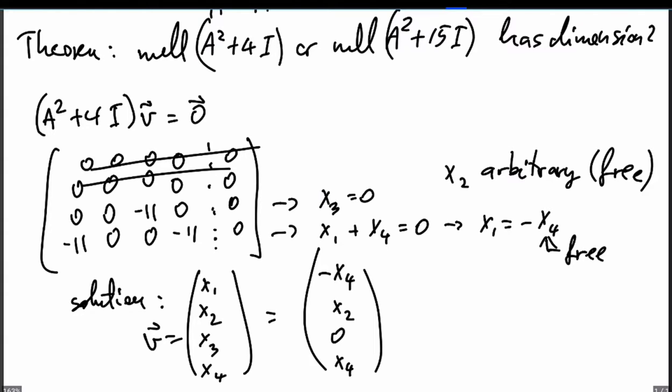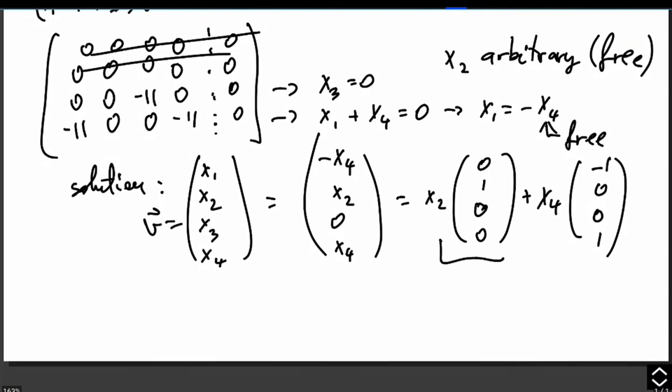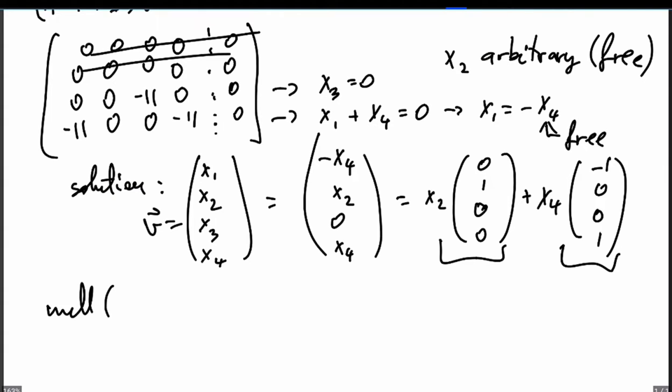So this is a nice place to practice solving homogeneous equations and writing the solution in parametric form. We get x2 times 0, 1, 0, 0, plus x4 times minus 1, 0, 0, 1. So that means these two vectors are the basis vectors for the null space of A squared plus 4I.